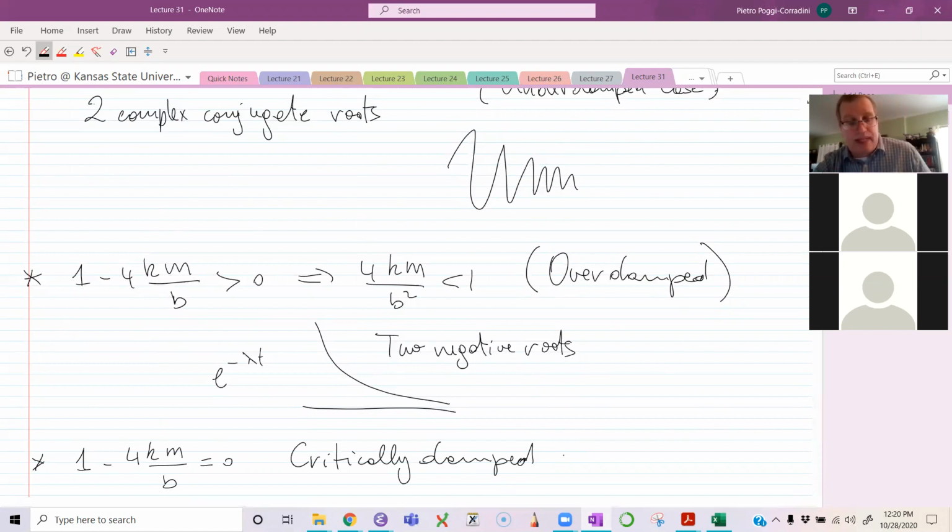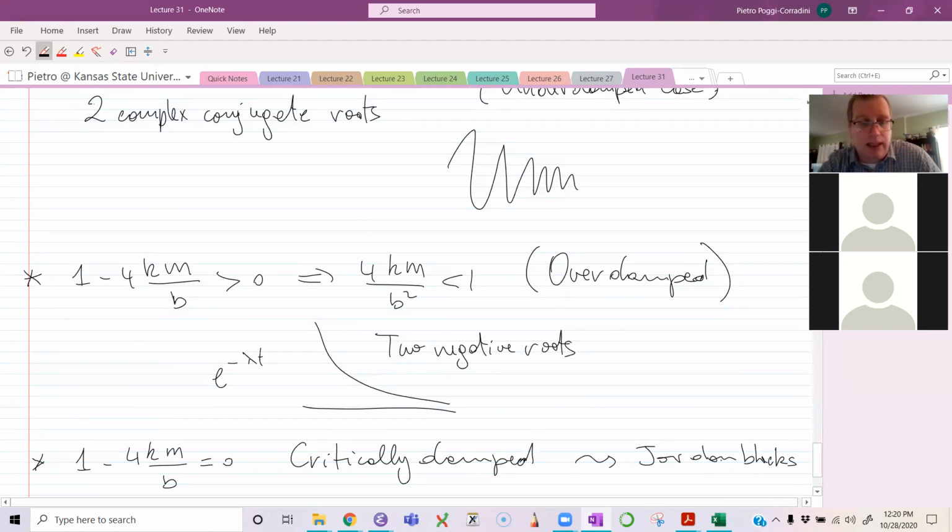So that's where the Jordan blocks come in. All right, so I ran out of time, but basically the idea is that when you have this kind of oscillation, it's because there are some complex roots involved.